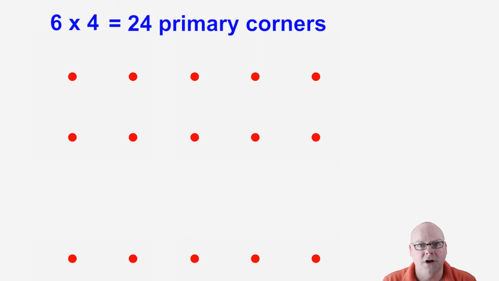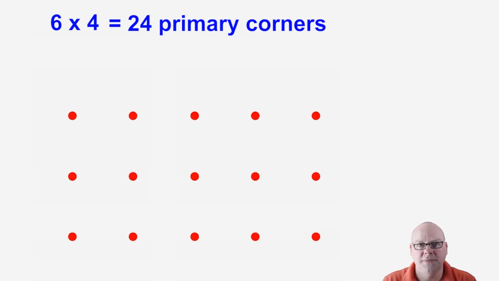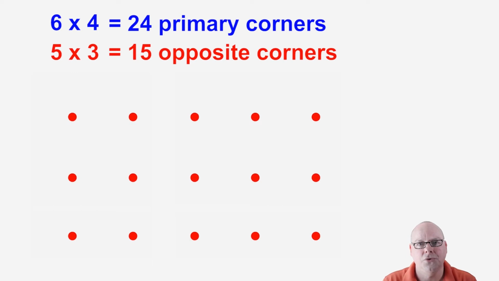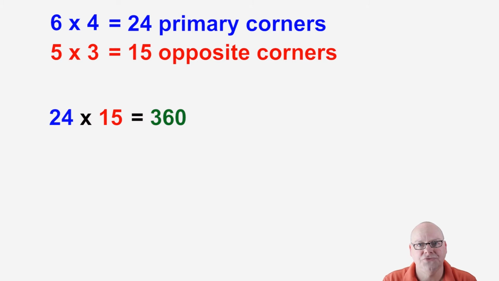We had 4 along the side, but we removed one because it was collinear with our primary corner. That leaves us a grid of 5 by 3 possible opposite corners for a total of 15. So each of our 24 primary corners could have 15 opposite corners. 24 times 15 equals 360 possible rectangles.